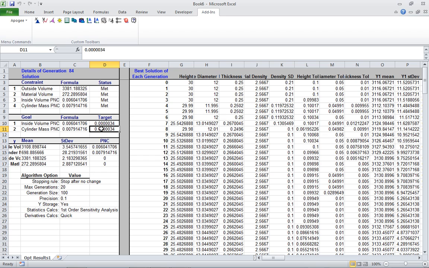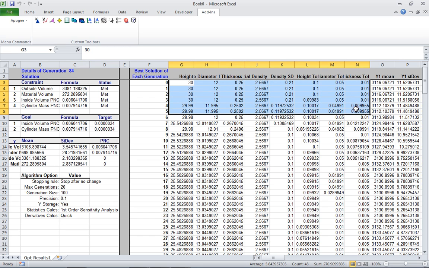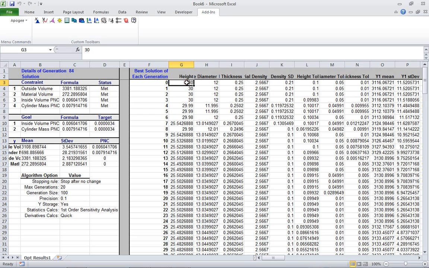We did not satisfy those, but we did the best we could, and we did get below our constraints, which is the primary thing that we're trying to satisfy. Now the results of the optimization are indicated over here in the other portion of your worksheet, and actually what you have is, for each generation, the best solution, the highest ranking solution in each generation.